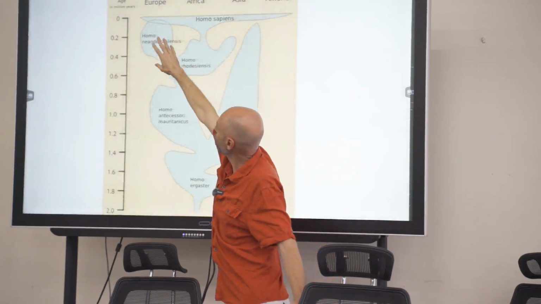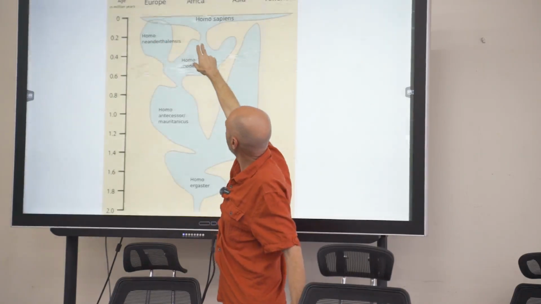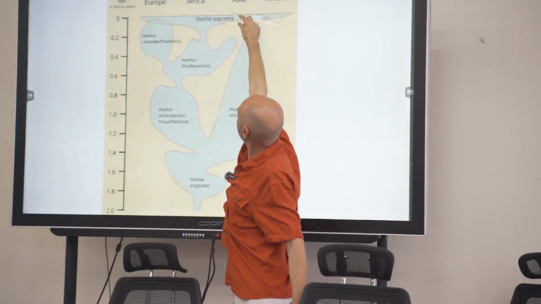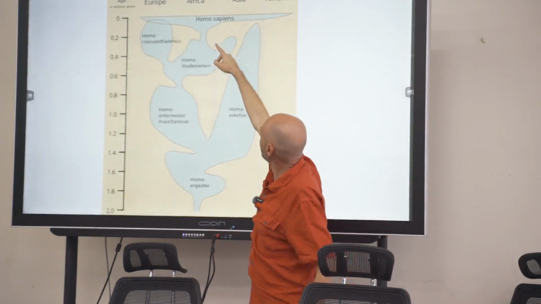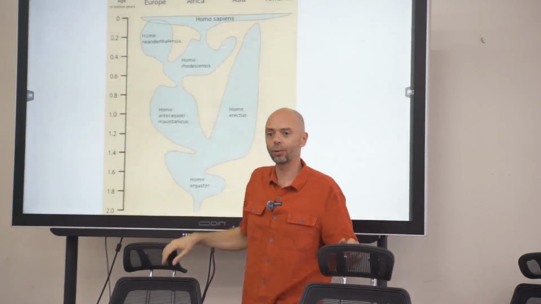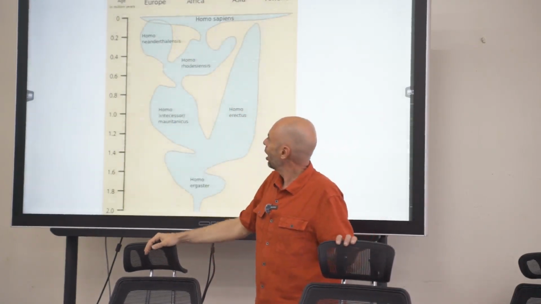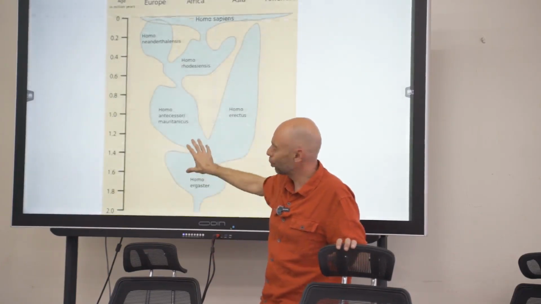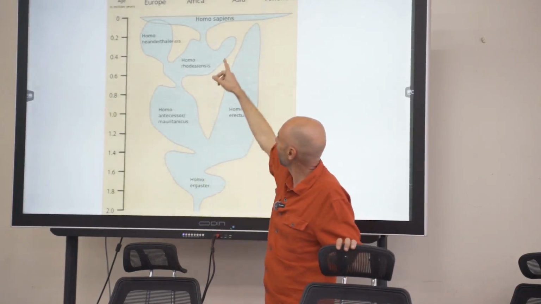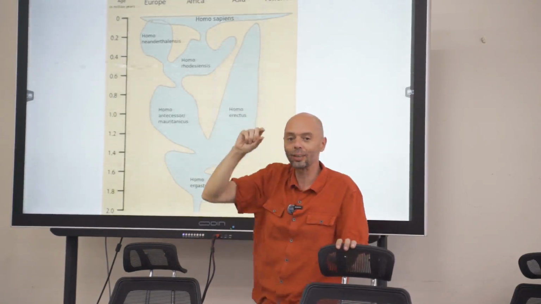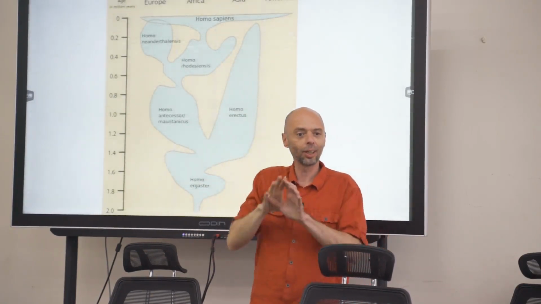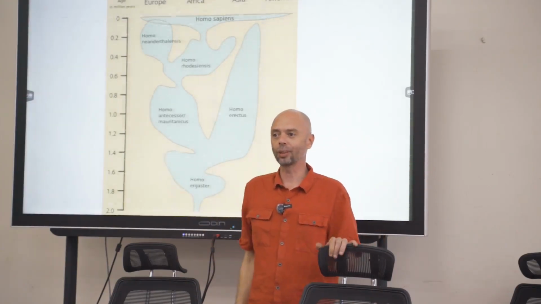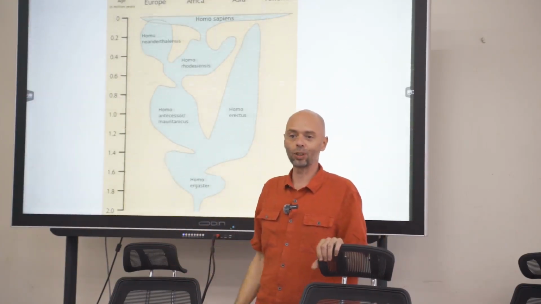One part in Europe became Neanderthal, and then Homo sapiens in this short time went to all 5 continents. How did it happen that others took millions of years to stay in just one continent, and then Homo sapiens in 100,000 years conquered all 5 continents? Again, it's because of the shelter.